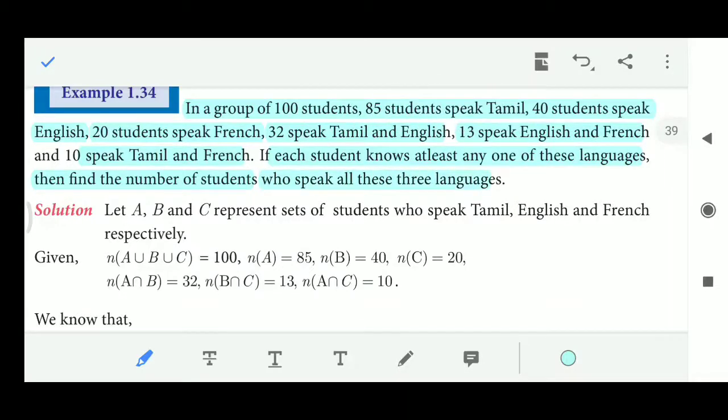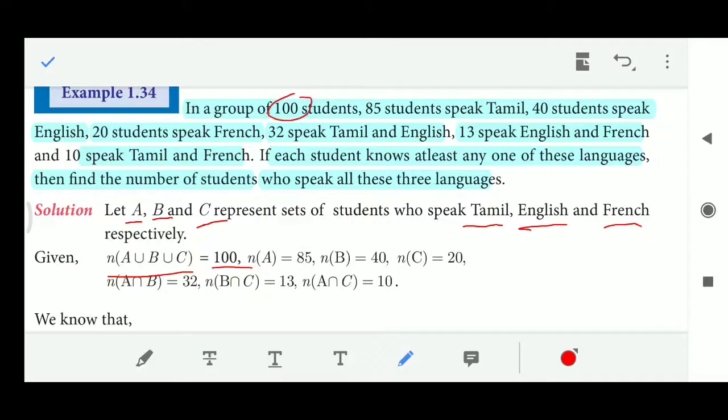these three languages. So the solution is, first we have to assume A as students who speak Tamil, B as students who speak English, and C as students who speak French.